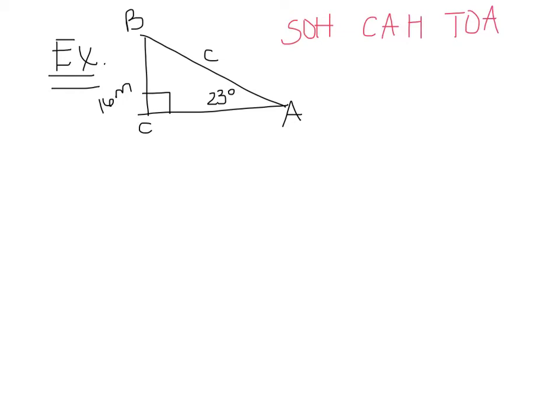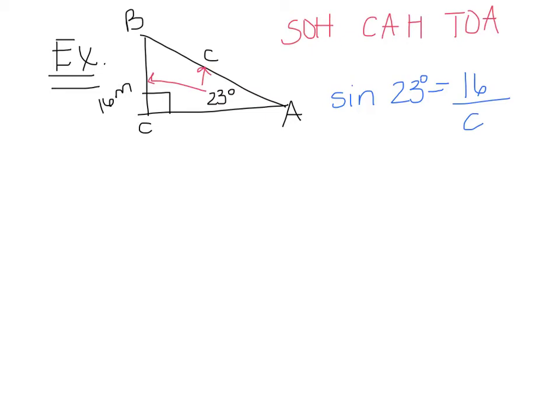And according to this angle, we have the opposite and we have the hypotenuse. So you look at your ratios and see which one gives us opposite and hypotenuse ratio, and that would be sine. So you do sine 23 degrees equals opposite, which is 16 meters, over our hypotenuse.